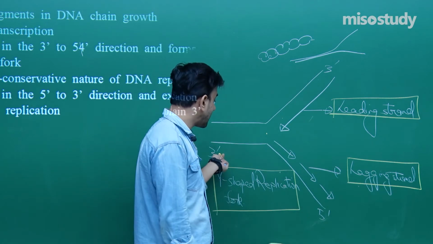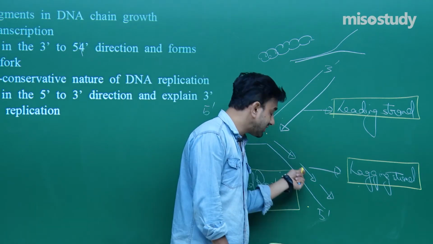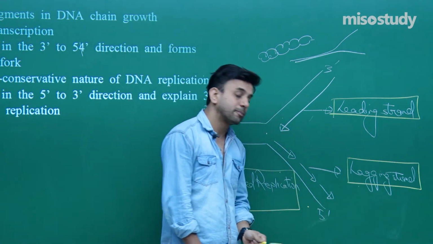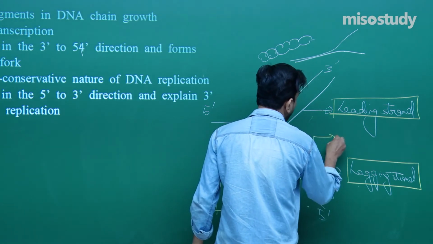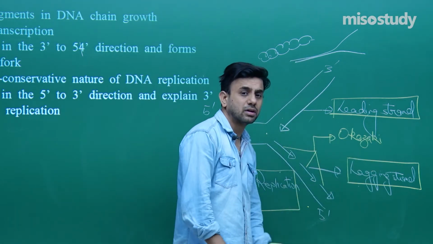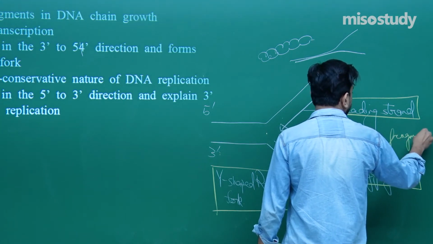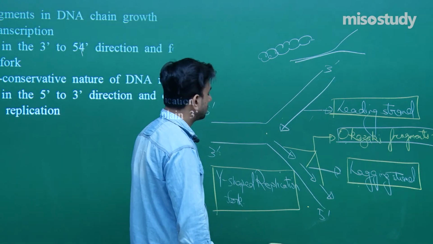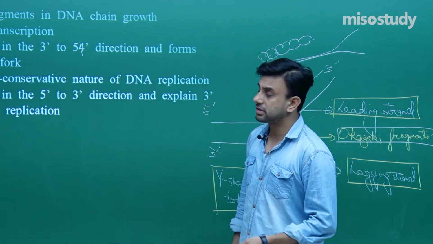But in the other strand, the synthesis or replication is in fragments, and these fragments are called the Okazaki fragments. This strand is called the lagging strand.